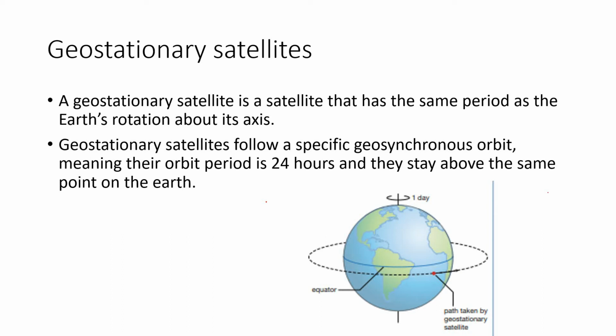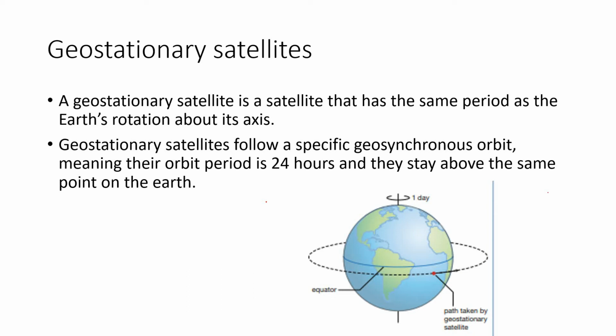So that's what a geostationary satellite is. Imagine that you launch a satellite at a particular location at 6 p.m., and the Earth is at 6 p.m. Based on how geostationary satellites work, they would complete their rotation at the same time as the Earth is completing its rotation.